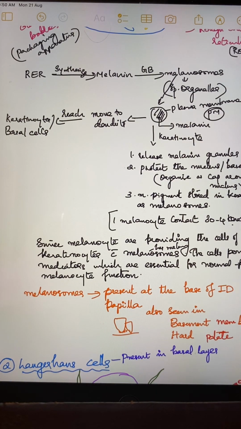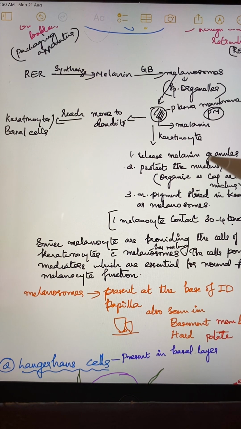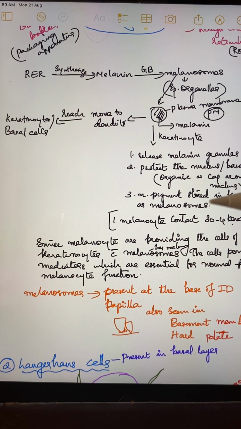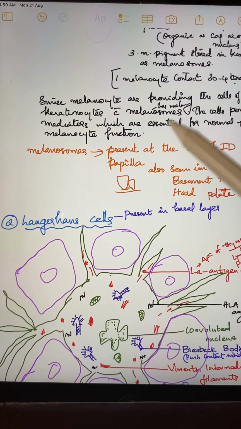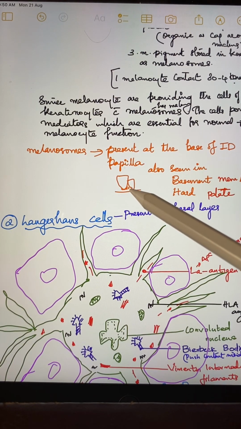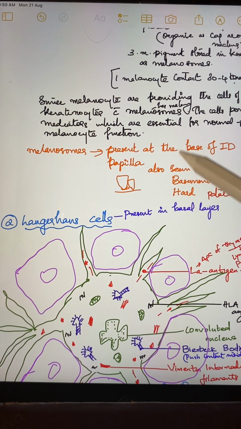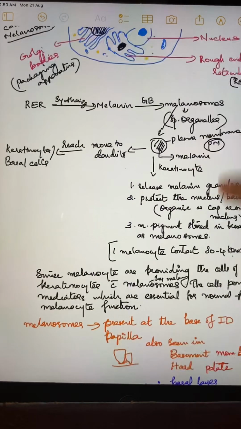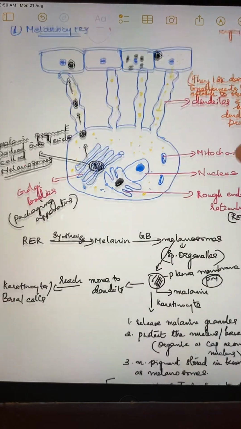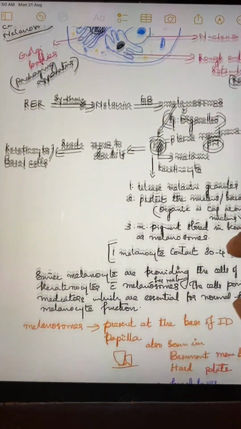Since melanocytes provide the keratinocyte cells with melanosomes, the keratinocytes provide mediators which are essential for normal melanocyte function. Usually these melanocytes are present at the base of the interdental papilla. They can also be seen in the basement membrane, hard palate and so on. So these are melanocytes, one of the non-keratinocytes.